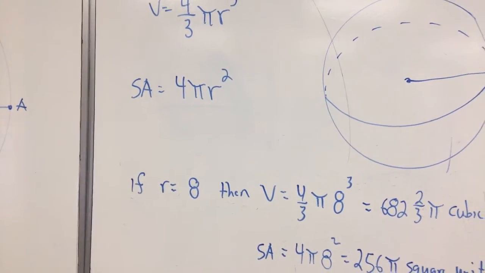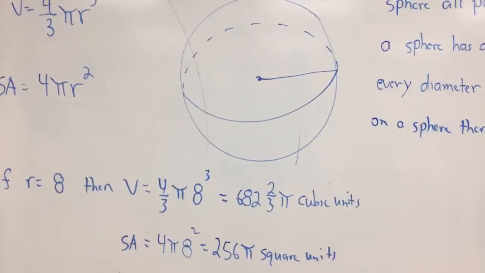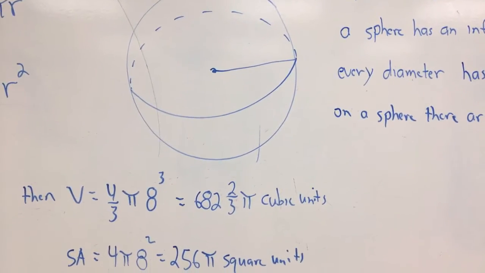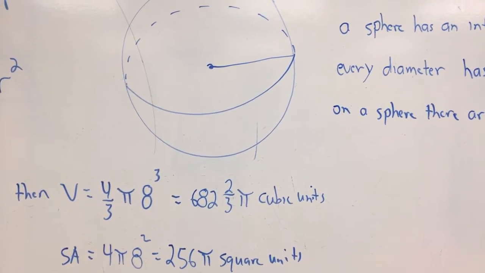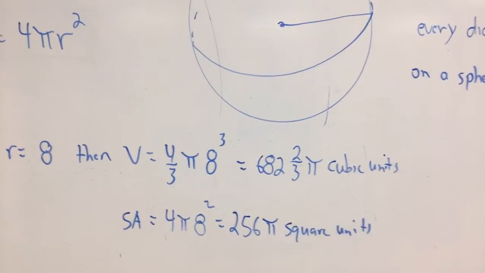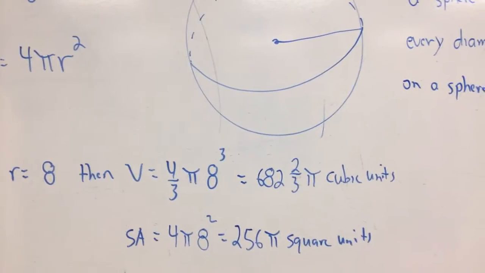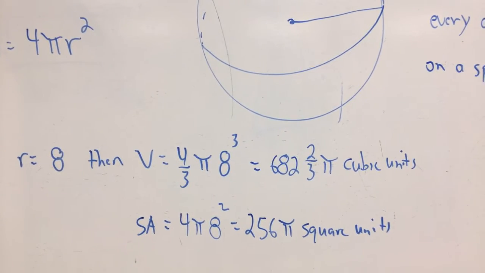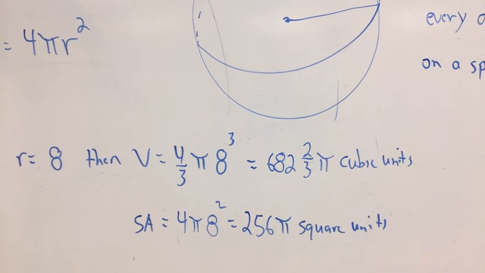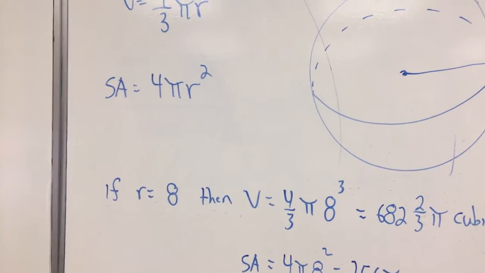If you plug 8 into the volume equals 4/3 pi r cubed, you will get 8 cubed divided by 3 times 4, which is 682 2/3 pi cubic units. Notice I left the pi in there. That's an exact solution to this problem. And the surface area, 4 pi r squared, if you put the 8 in there, 4 pi 8 squared, 64, 4, 256 pi square units. So that would be the surface area and the volume of a sphere of radius 8.